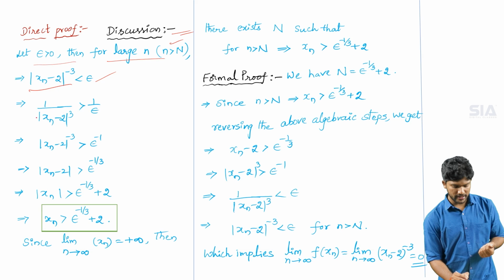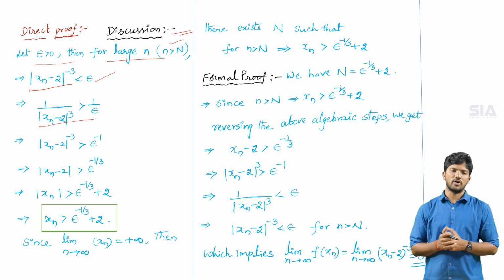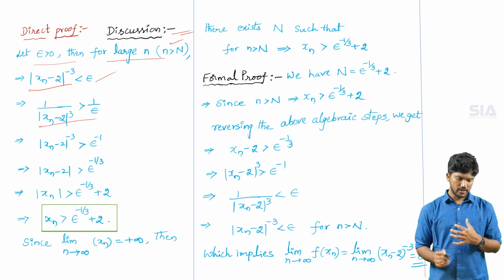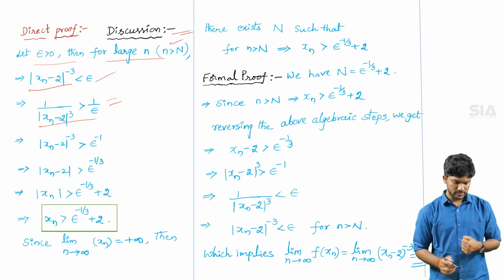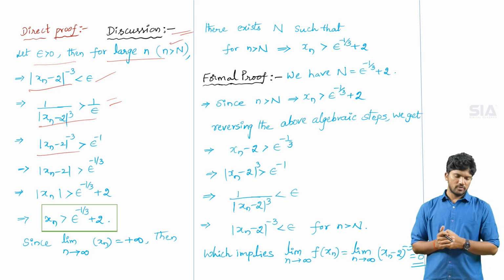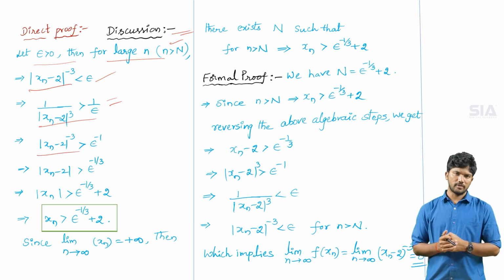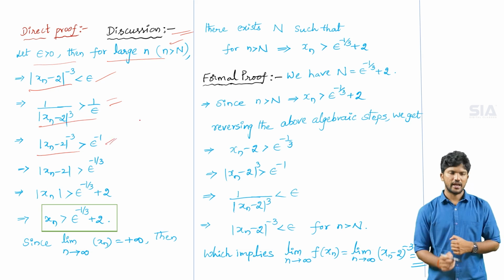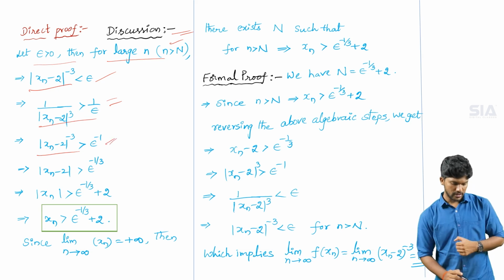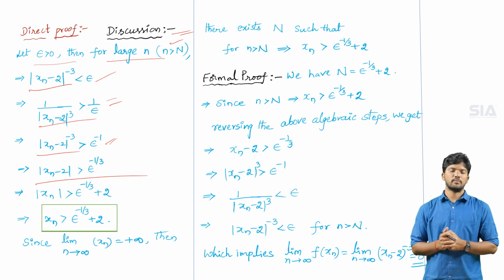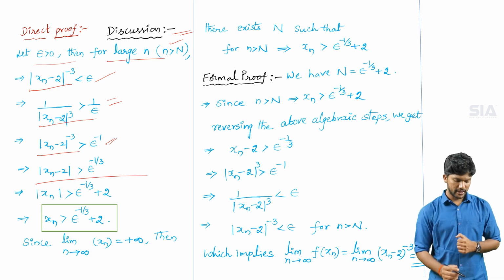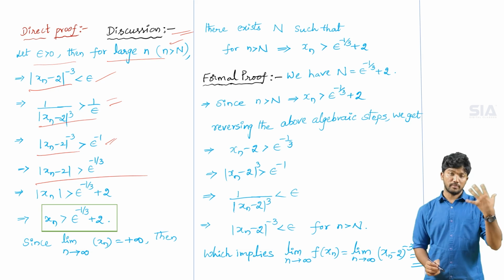Okay, so for that value you can simplify: 1 by mod (x_n minus 2) whole cube is greater than 1 by epsilon if you make the reversal. So therefore mod (x_n minus 2) whole power minus 3 is greater than epsilon power minus 1. Apply the cube root on both sides, you will get mod (x_n minus 2) greater than epsilon power minus 1 by 3.